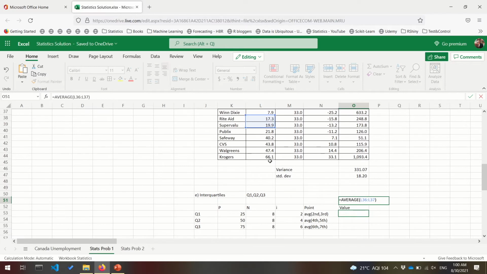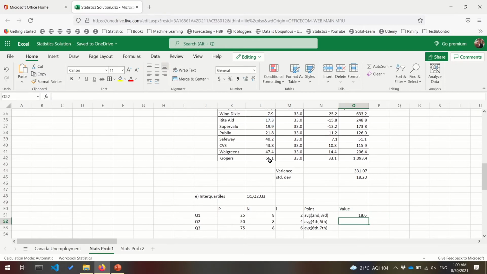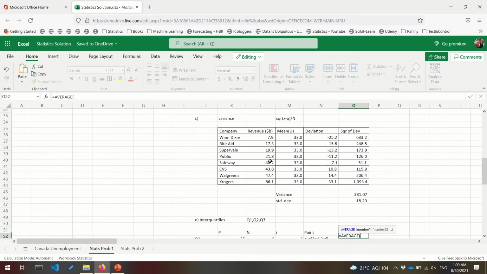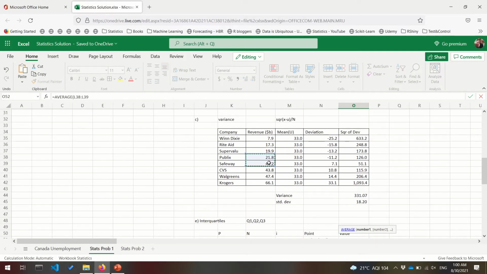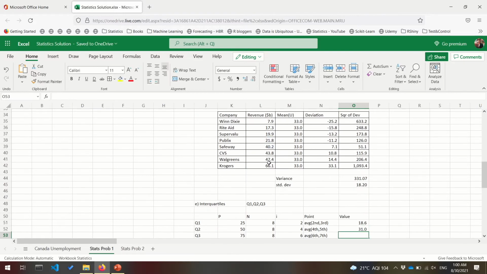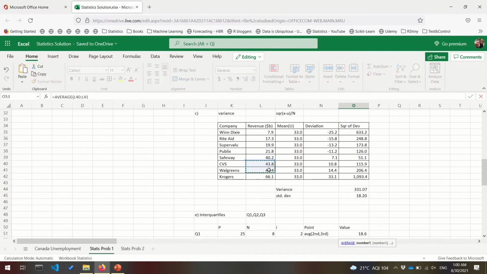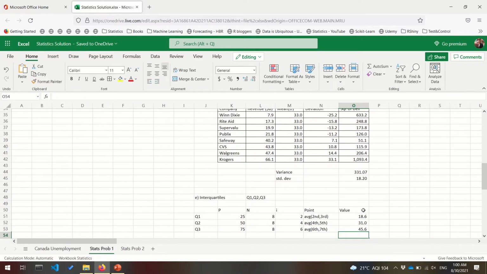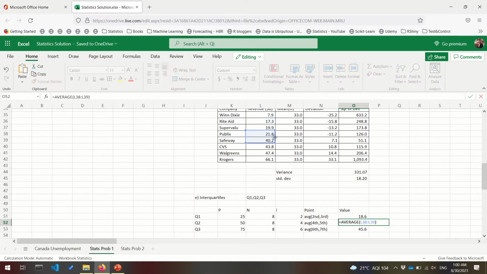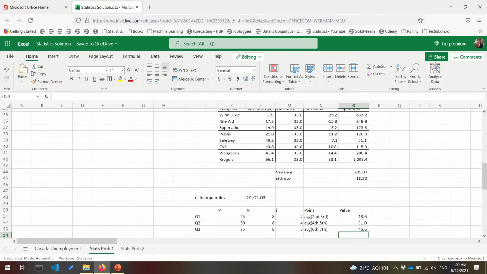Similarly, this will be the average of the fourth and fifth, and this will be the average of the sixth and seventh.